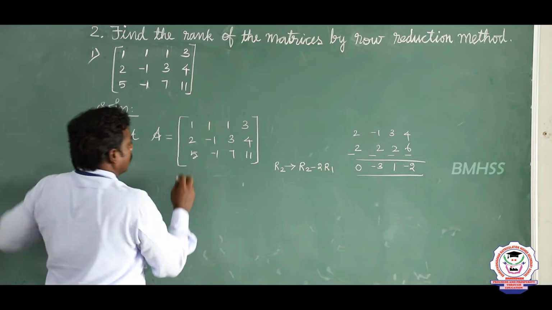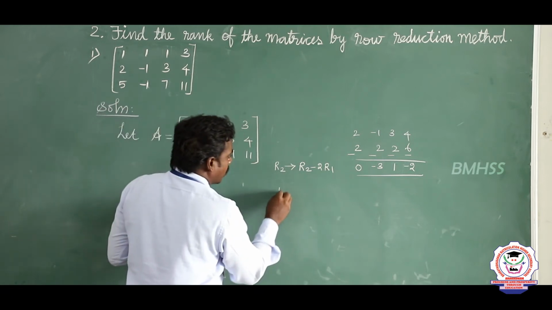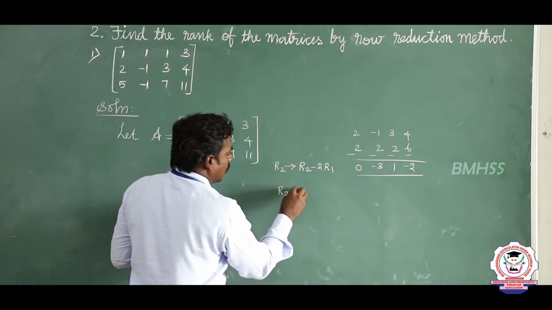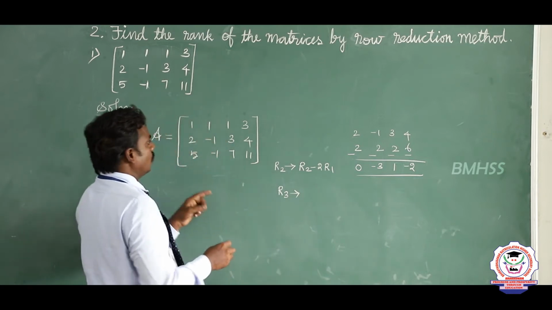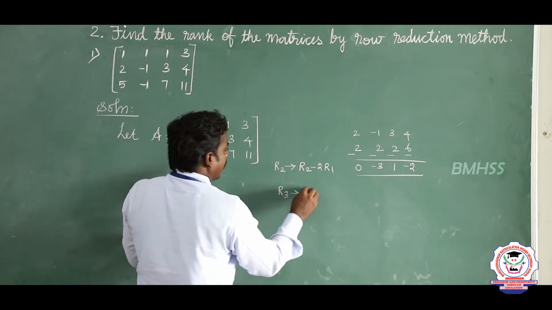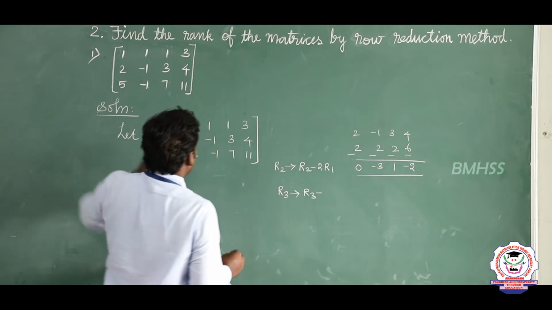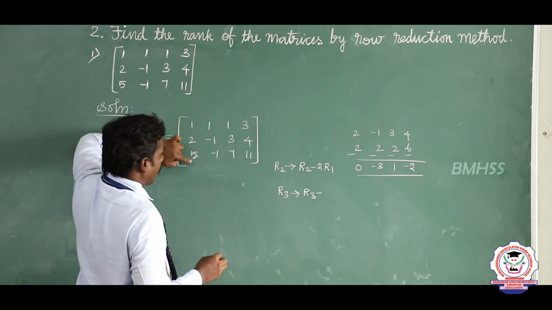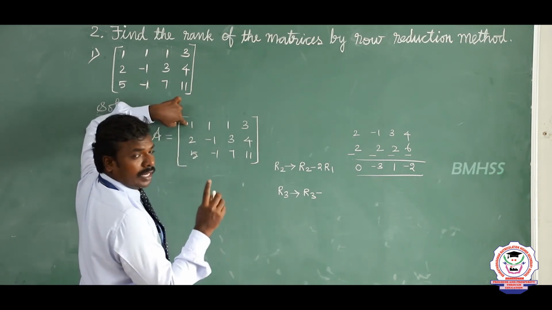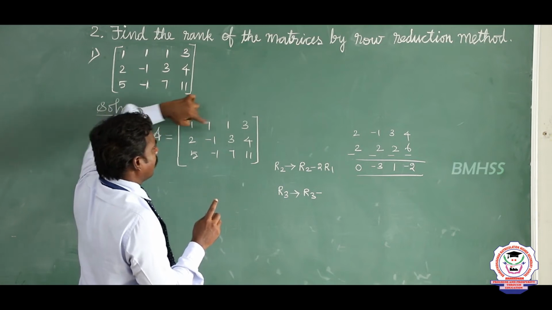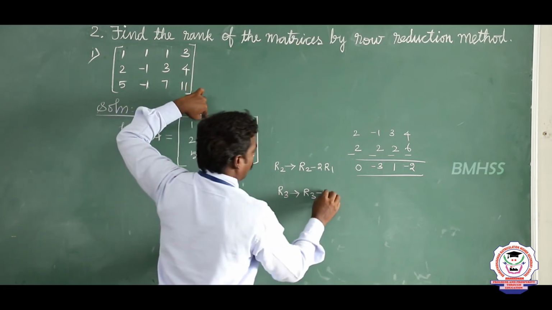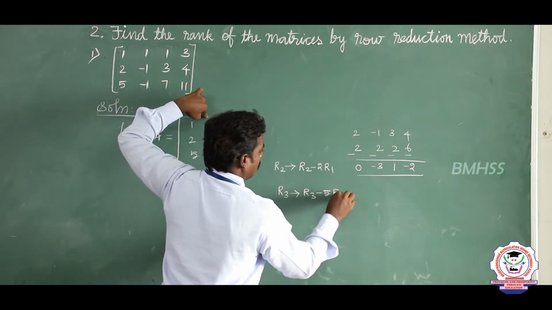Likewise, in the third row I am going to make changes: R3 minus 5R1. There is no 5 in the first row, there is only 1, so to balance, I multiply the first row by 5, that is 5R1.